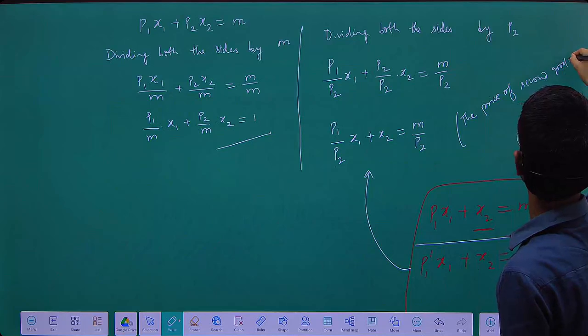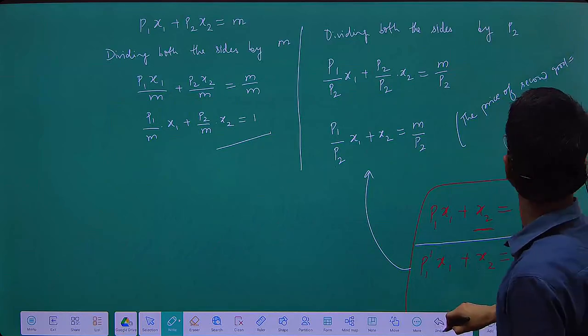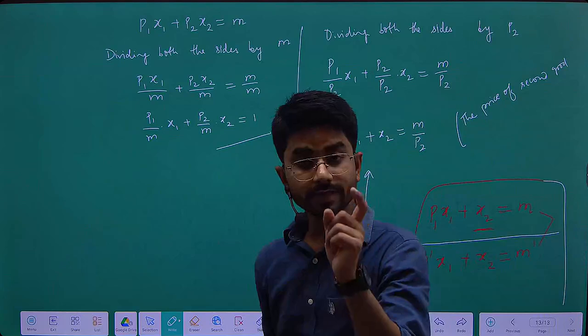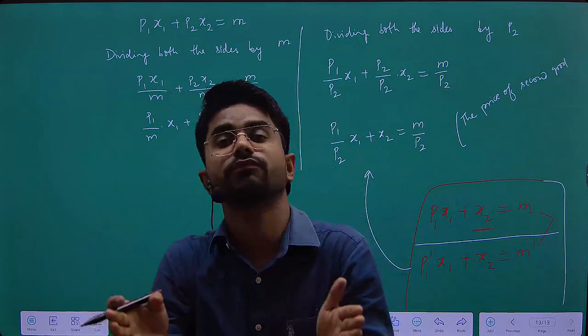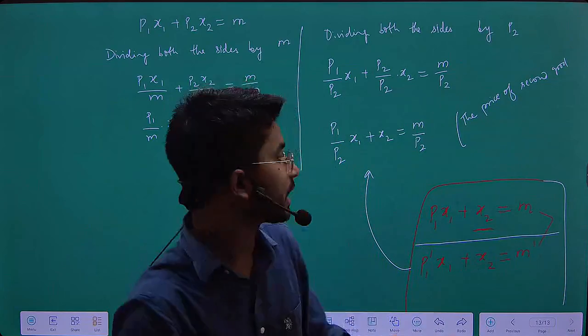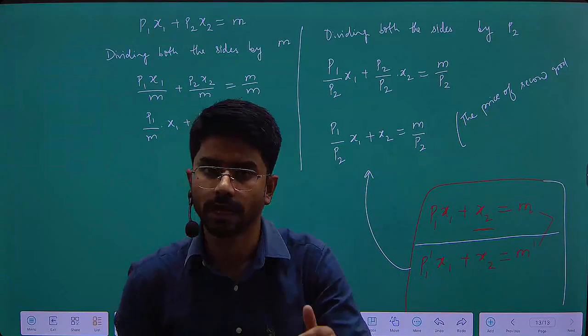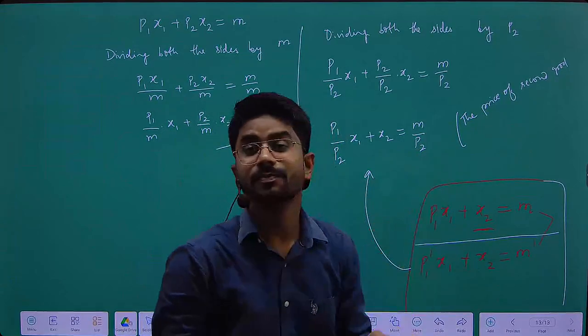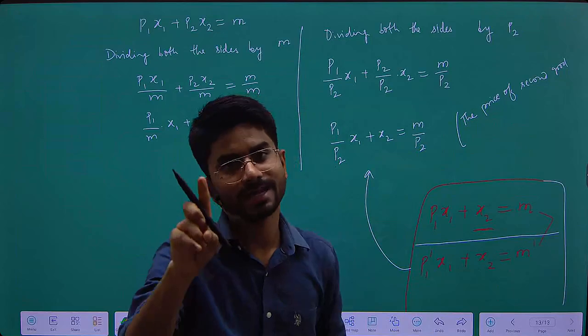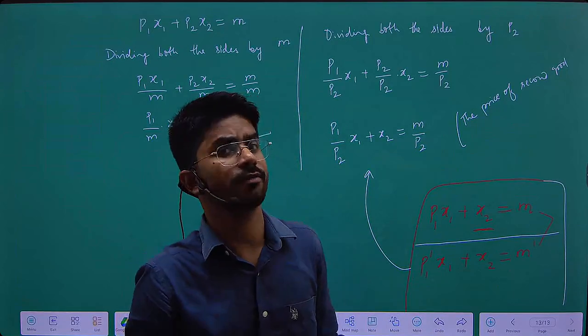So the price of the second good is equal to 1. ठीक है, इसको बोलते हैं price of the second good has been put equal to 1, meaning that the second good is being treated as the numerator good, and that numerator good has the price being 1, and that is called the numerator price being equal to 1.